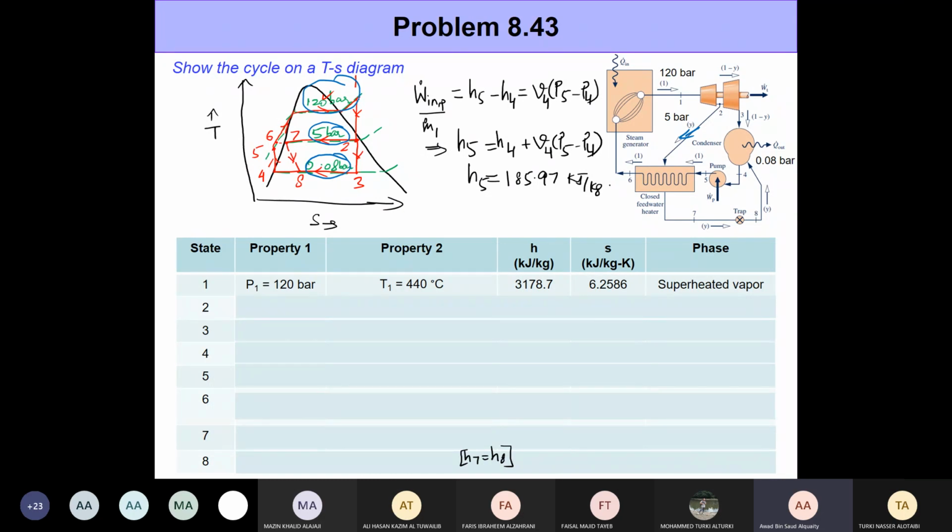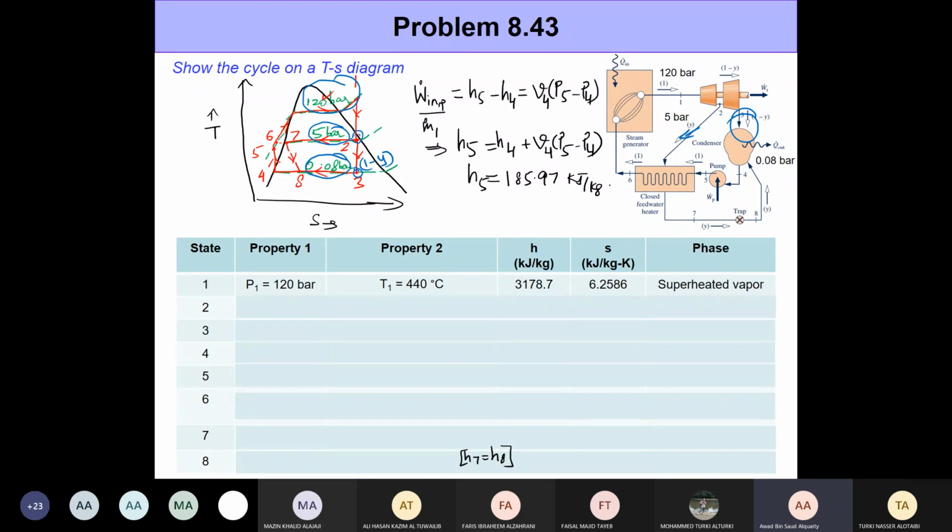So you have something at state 1 that expands till state 2, and at state 2 we extract some steam and send it to the feed water heater. The rest continues to expand within the turbine, reaches state 3, and then at state 3 we send it to the condenser like we show here.